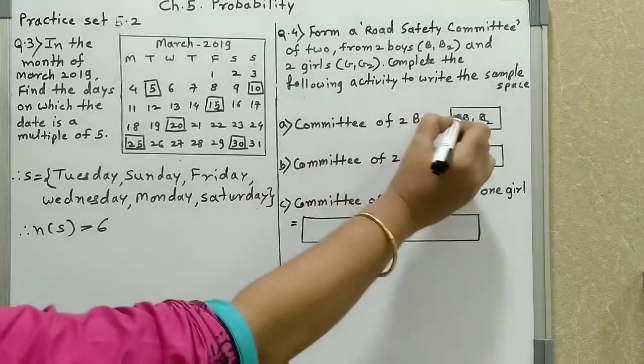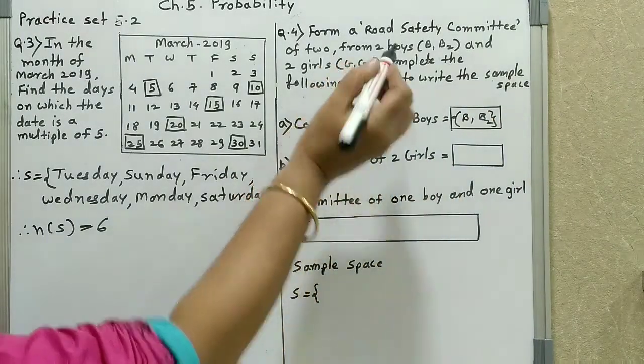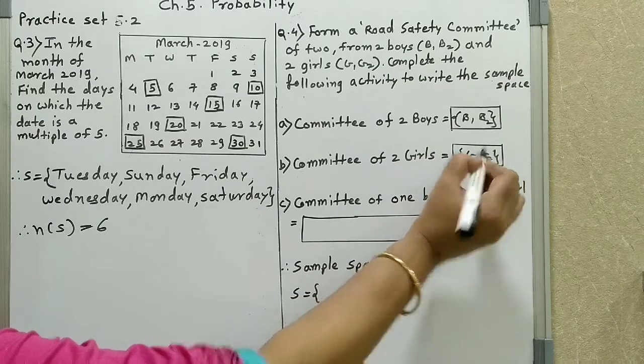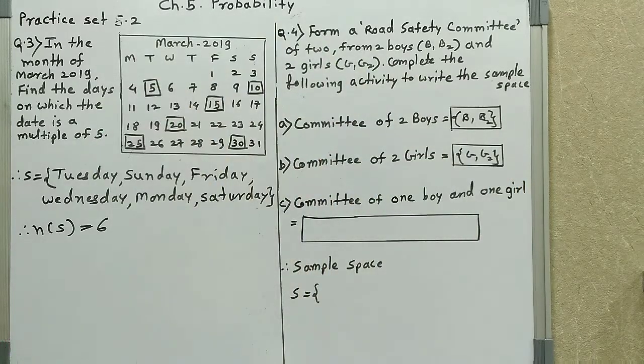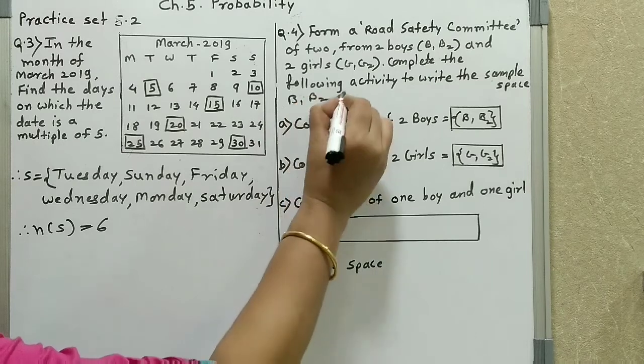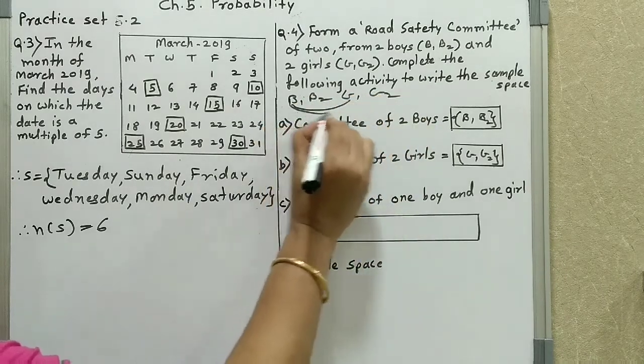We write here curly brackets. Now the committee of 2 girls, that is G1, G2. So we write here curly brackets G1, G2. Then the third one, committee of 1 boy and 1 girl. So here we write B1, B2 boys and G1, G2 girls. So B1 combined with G1 and G2 also.